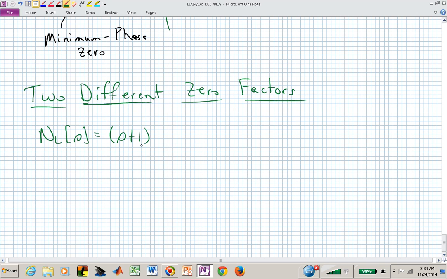That's this s plus 1. Which now, if we set that equal to 0, we have a 0 at minus 1. And we can contrast that with our rightmost factor, which now looks like s minus 1, and that's now over there at plus 1.